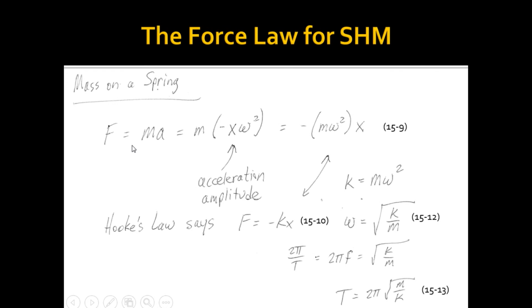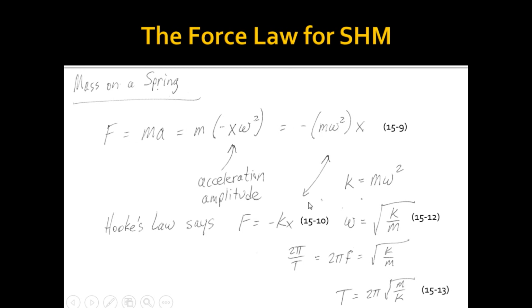So we'll take our equation for acceleration from the previous slide, that said acceleration as a function of time is equal to its displacement times omega squared times negative one, and we'll replace a with negative x omega squared. I'll just regroup the variables so that I have F is equal to negative m omega squared times x.